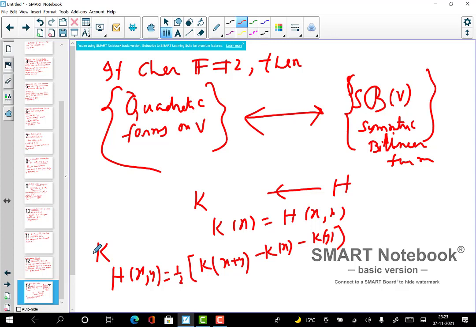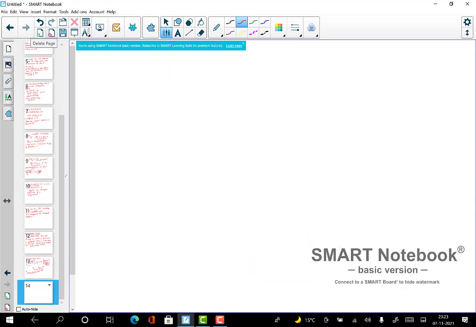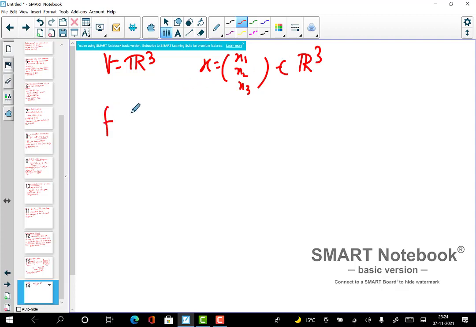Maybe we can give an example. Suppose V equals R3, so you have three coordinates, and you choose x, which is x1, x2, x3 in R3, and then you can define my K of x.